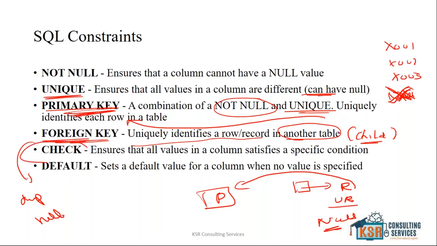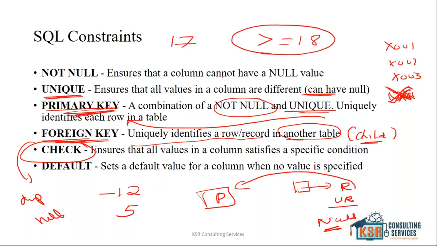This is check. As I told, age cannot be minus 12, age cannot be 5, age cannot be 17. As per my Amazon, minimum age should be greater than or equal to 18. I will put some condition. It ensures that all values satisfy some condition, that condition being a greater or less than symbol, equal to 18.